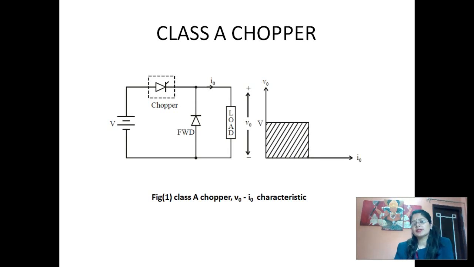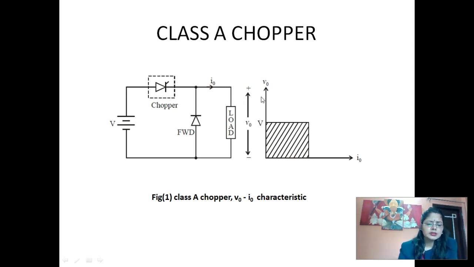So here we discuss class A chopper. This is the diagram of a class A chopper. Here we can see the source voltage, that is the chopper, or we can say switch, that is the freewheeling diode, that is the load. We can say there is an RL load, and that is the output voltage V output across this load.